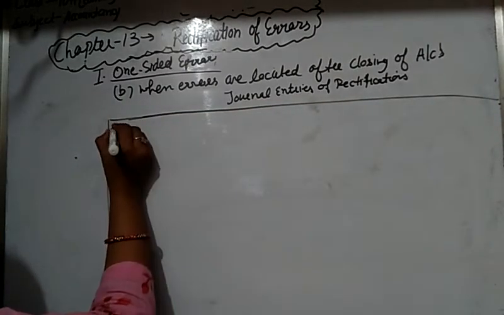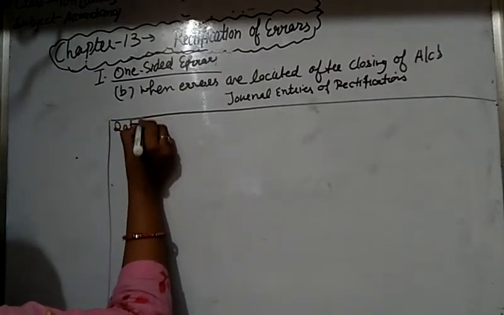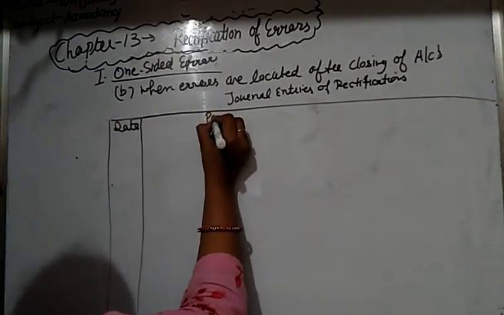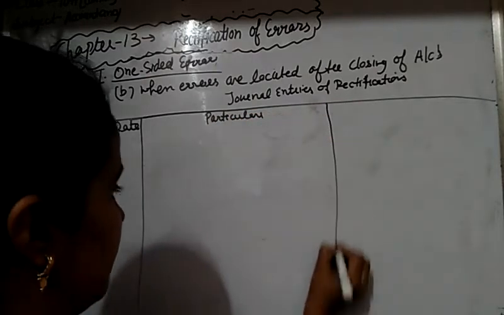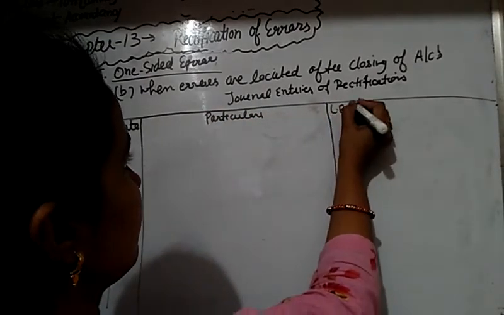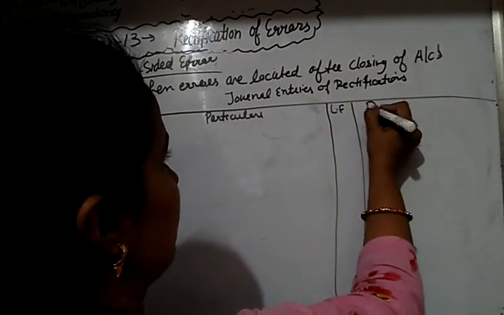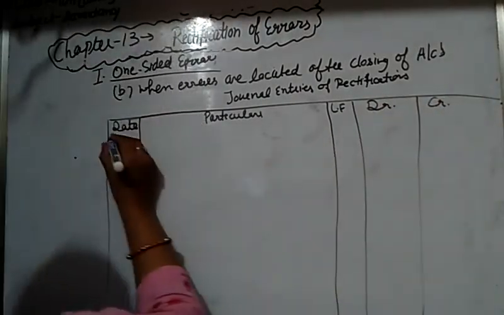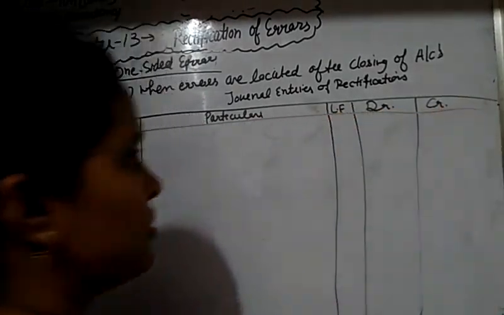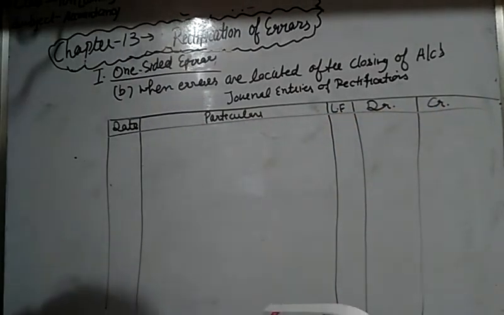So date, particulars, ledger folio, debit amount and credit amount. Okay students, so this question number 1 is the same. We do this question with the second part, case B.